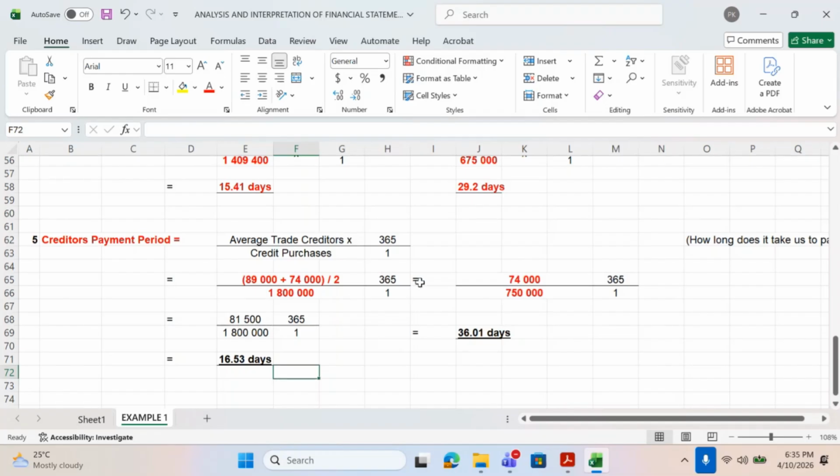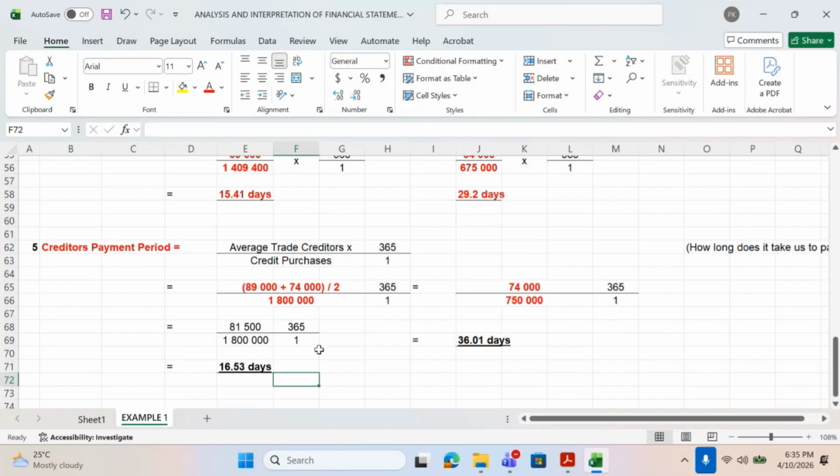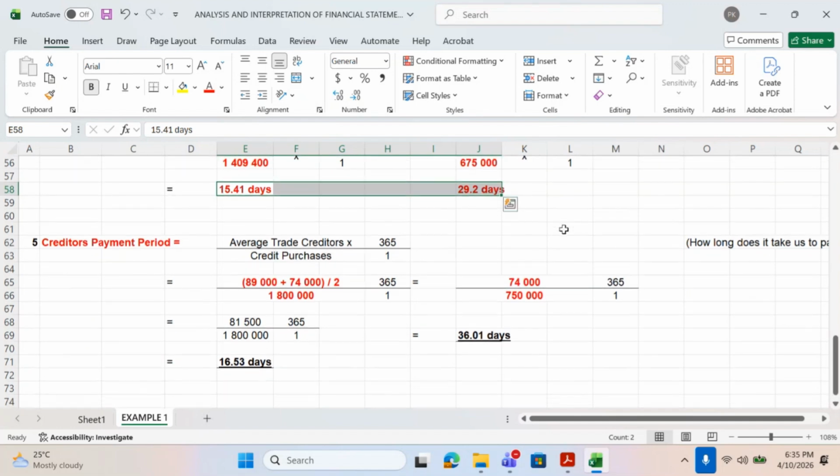But it can also be good in this scenario. So you can see now how you can put your comments strategically. You have to compare the two. Firstly, you can see there was an improvement in debtors collection period. There's no doubt with that. That's the first thing that we need to state. Debtors collection period has improved from 29 days in the previous year to 15 days in the current year.